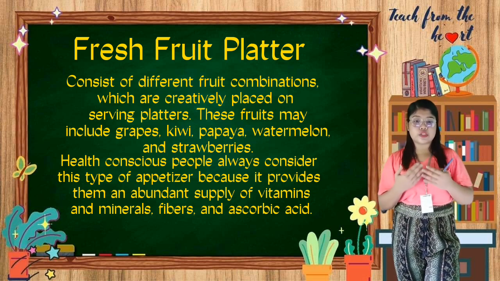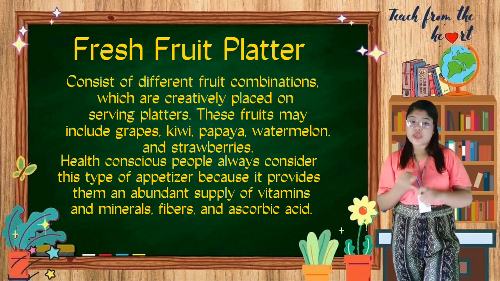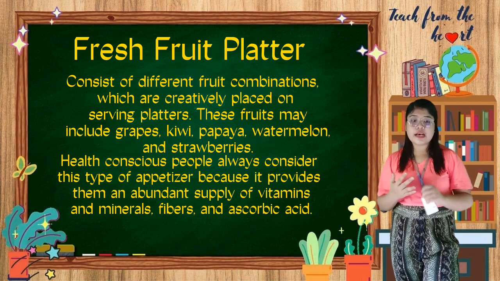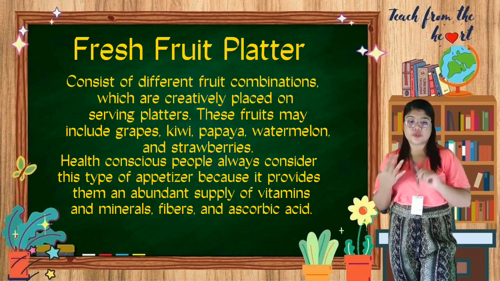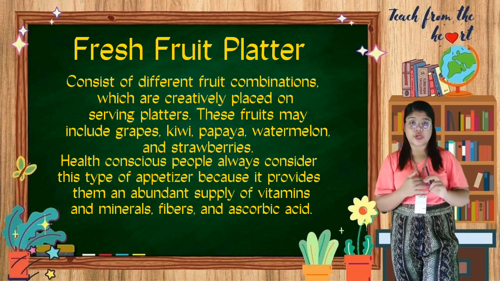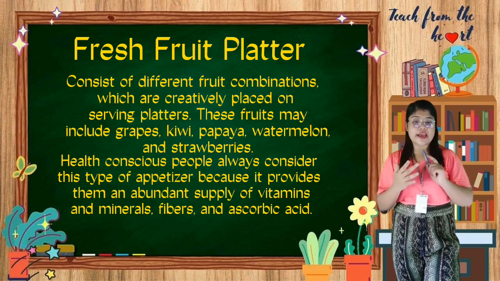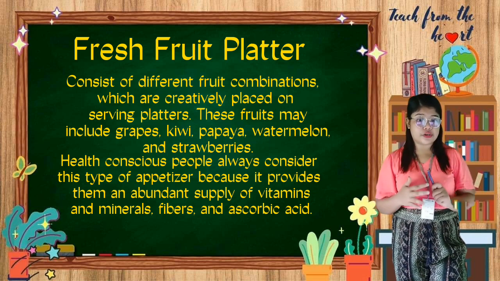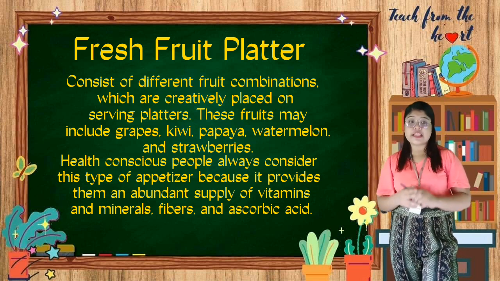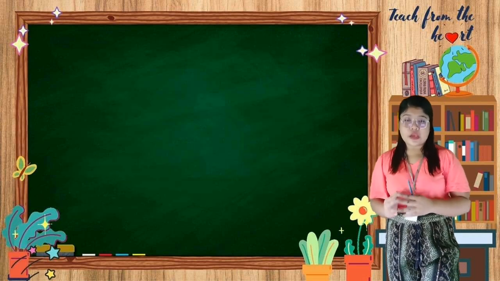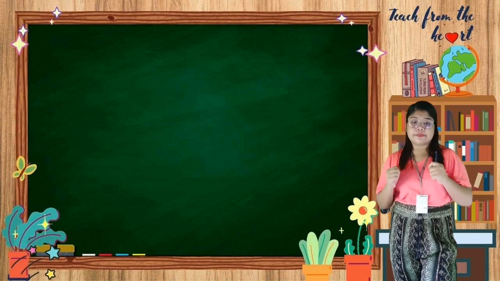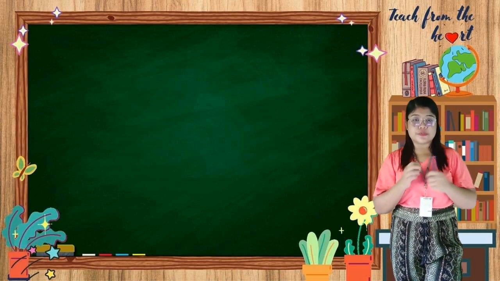These fruits may include grapes, kiwi, papaya, watermelon, and strawberries. Health-conscious people always consider this type of appetizer because it provides them an abundant supply of vitamins, minerals, fibers, and ascorbic acid. So the fresh fruit platter is a healthy food.